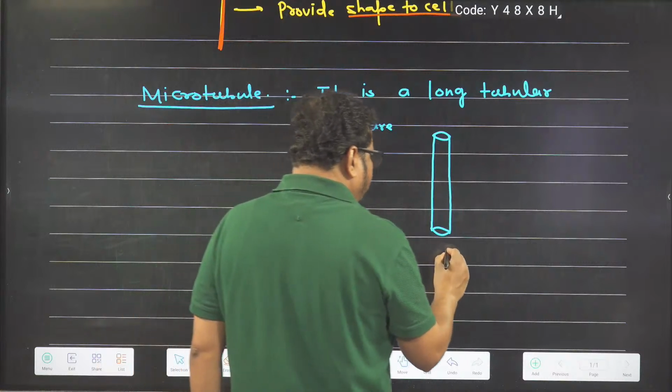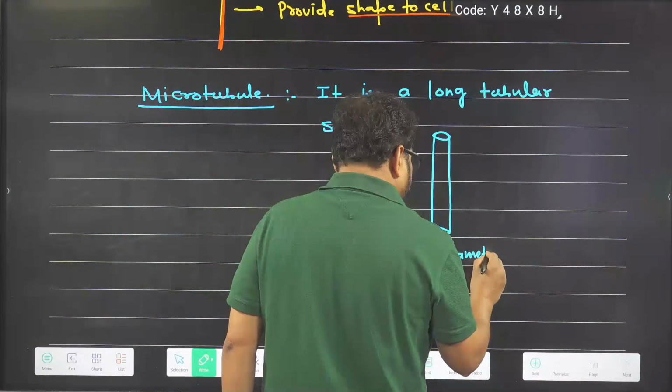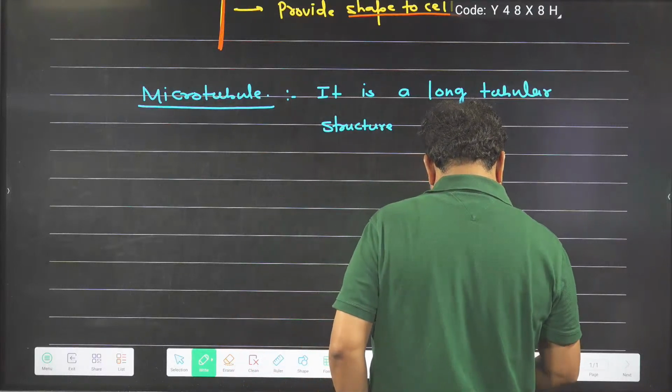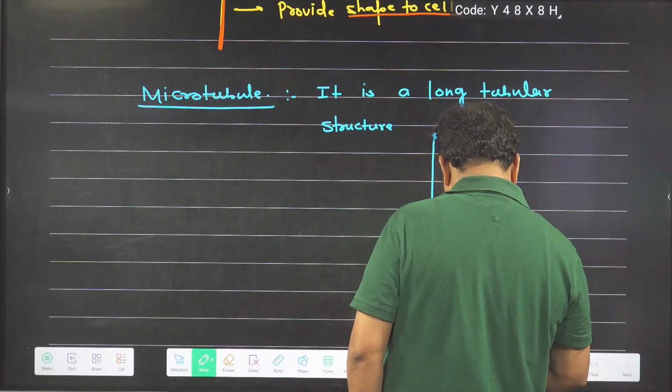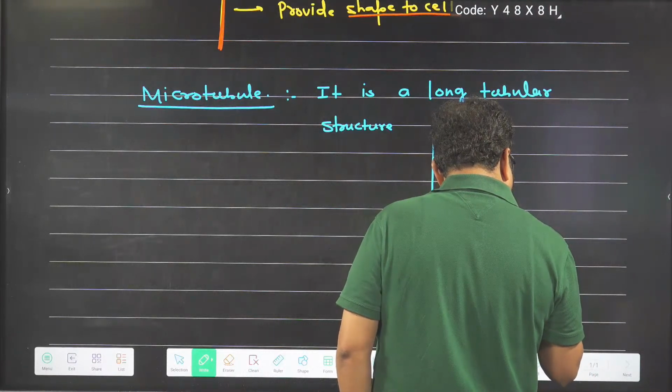If we talk about diameter, what is the diameter? Diameter is 25 nanometer.